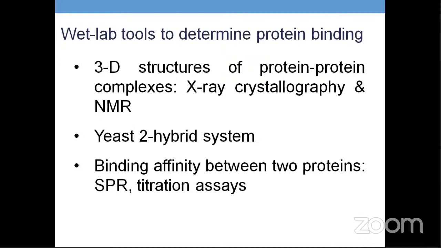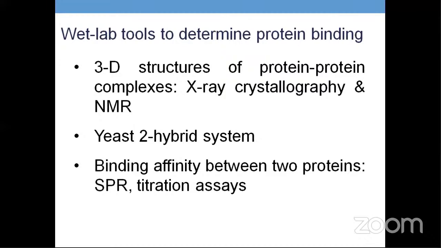So there are wet lab based techniques or tools to identify the protein complexes. What are the wet lab based techniques? These are X-ray crystallography and NMR. These are the most important ones, very vital ones. And we get lots and lots of information from this. Then there is the yeast two-hybrid system and binding affinity calculations.